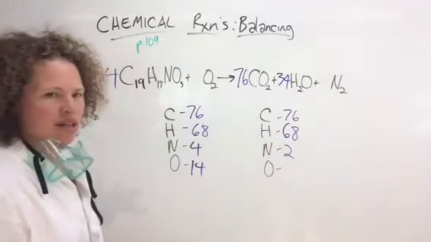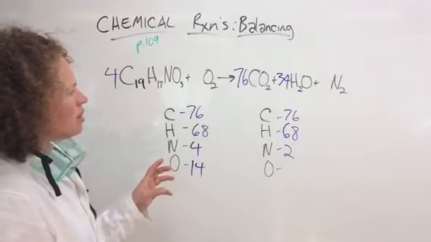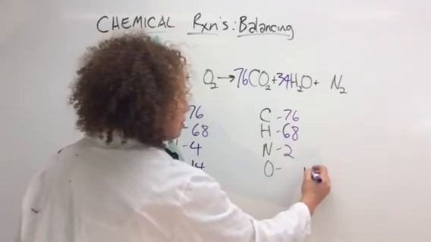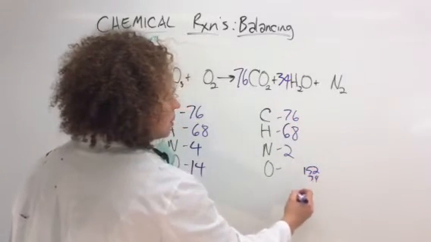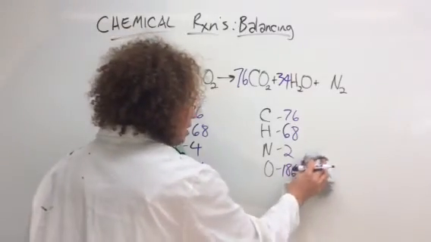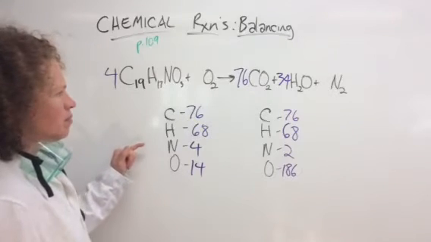I'm going to start needing a calculator myself. So 76 times 2 gives me 152, plus 34 gives me 186 oxygens on this side. Wow. That's crazy talk. But we're going to leave it for now.